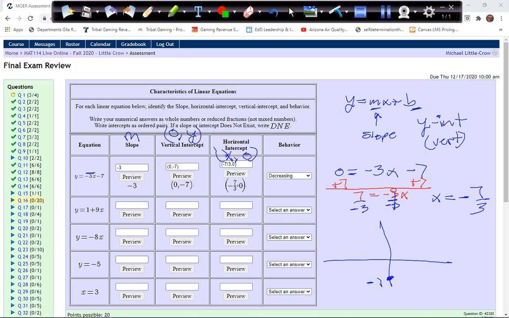A slope of -3 means it drops 3 and then goes over 1. Slope is -3 over 1, so we come down 3, we go over 1, we come down 3, we go over 1. So it's a line that looks kind of like that, a decreasing line.